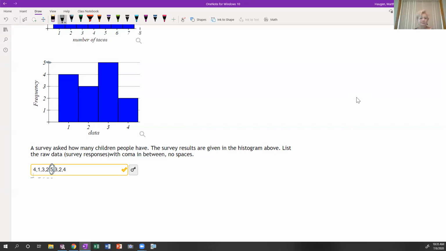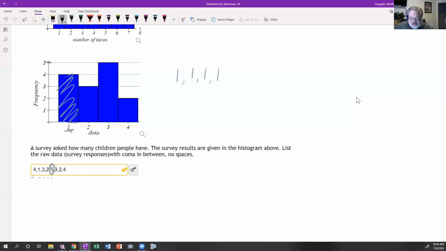So for example, this column here, this is a data point of 1. So in context, this is the instance of having 1 child. How many people had 1 child? 4. So there are 1, 2, 3, 4 ones.